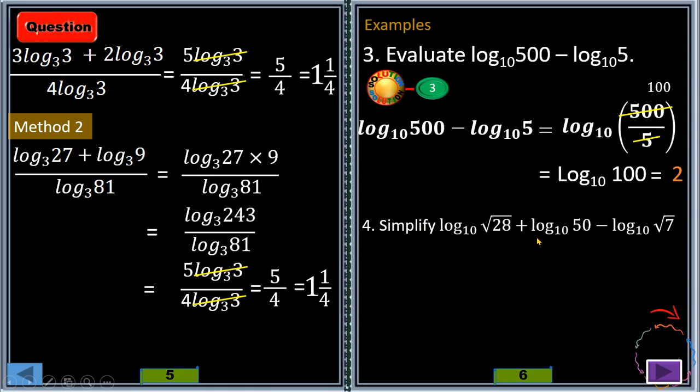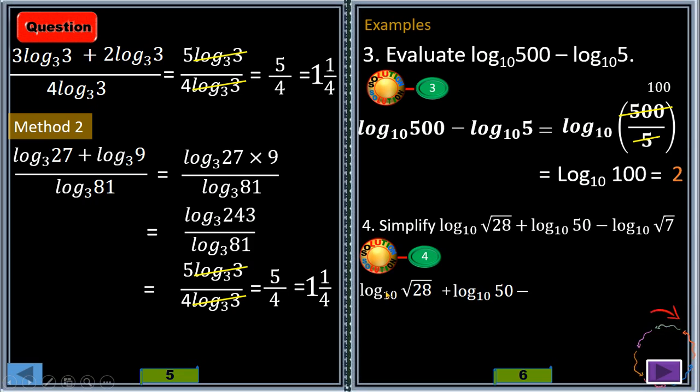The next example, simplify log of the square root of 28 base 10 plus log 50 base 10 minus log of the square root of 7 base 10. Let's see how to solve this together now.